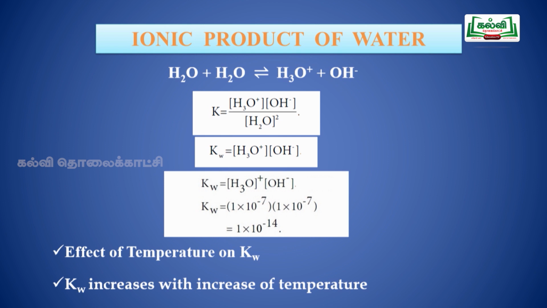We know very well that water ionizes very feebly. So, unionized water molecules are almost unchanged, the concentration does not change. So, you are taking H2O square as another constant. So, already you have equilibrium constant K, now you have H2O square as constant. These two constants when you multiply, you get a new constant, that is nothing but Kw.